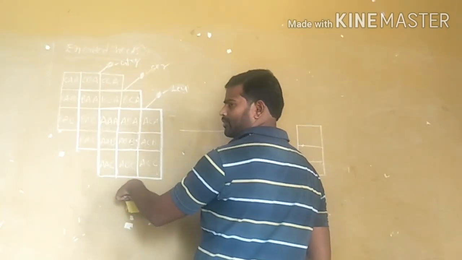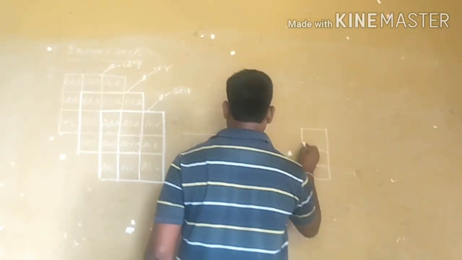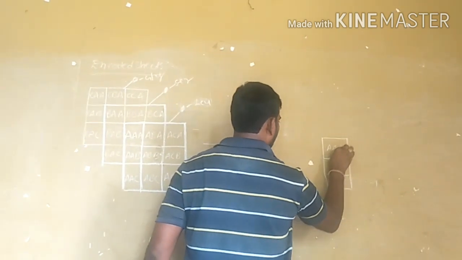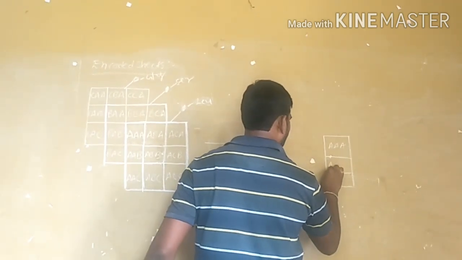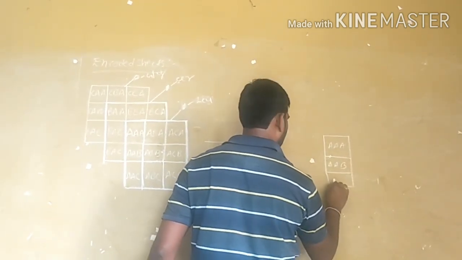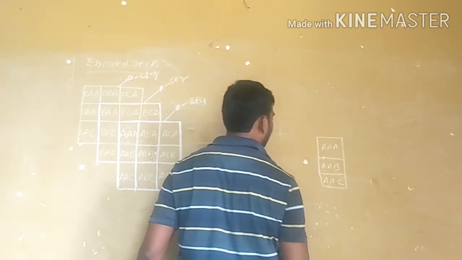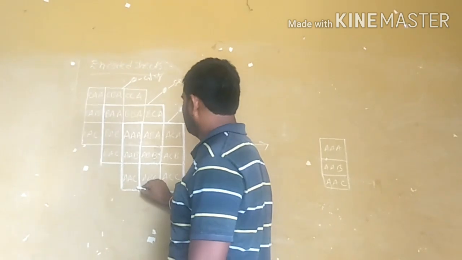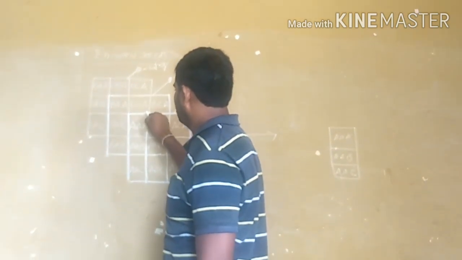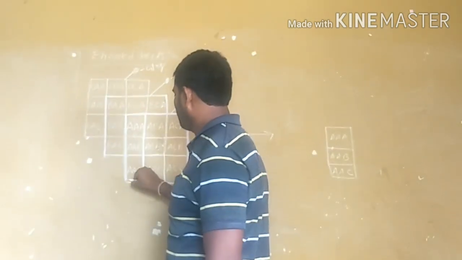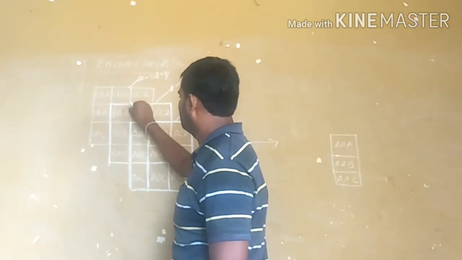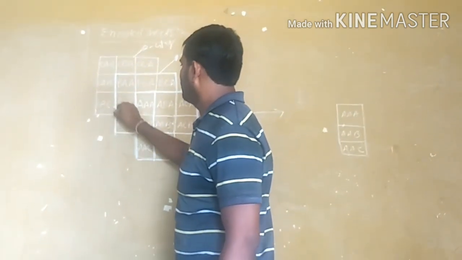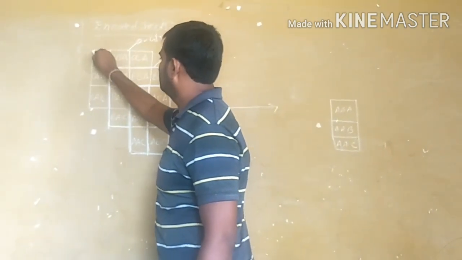In the first top sheet's first column we are cutting this A, B A C, and in this way we are cutting the first columns of each sheet.